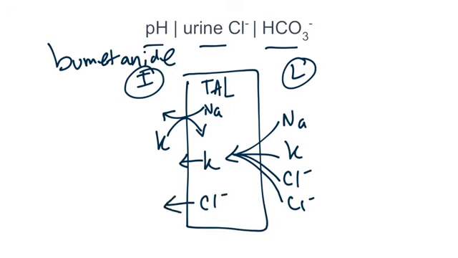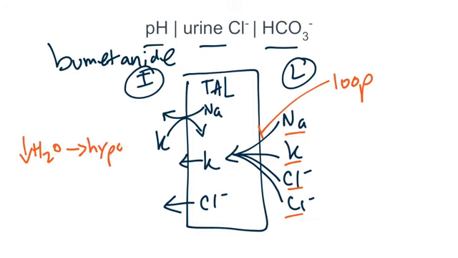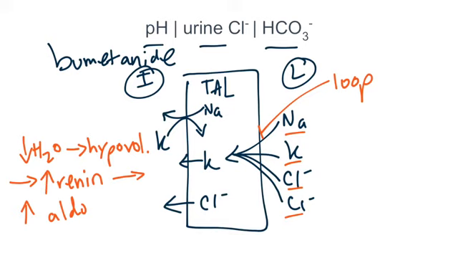Recall that loop diuretics block the NKCC channel, which results in the loss of sodium, potassium, and chloride. This also results in water loss and hypovolemia, which then stimulates the renin-angiotensin-aldosterone system. As aldosterone increases the excretion of acid, the concentration of bicarb begins to accumulate in the blood, which causes a metabolic alkalosis.